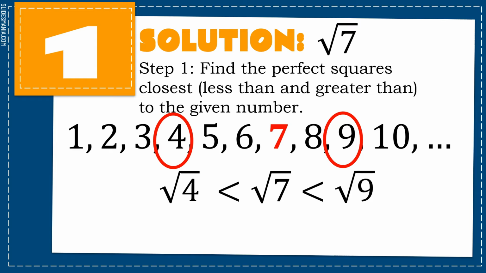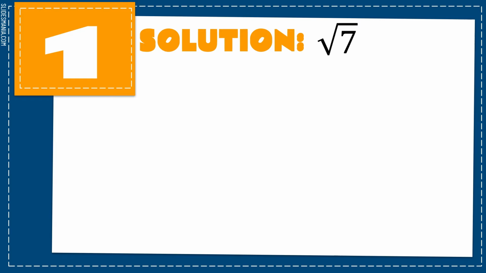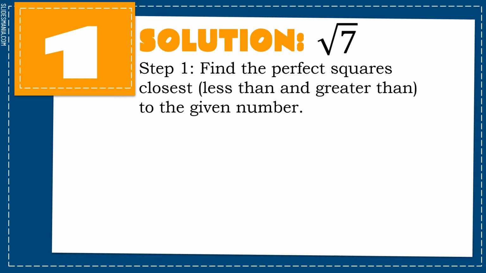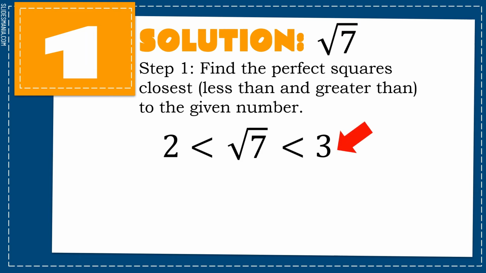We all know that square root of 4 is 2 and the square root of 9 is 3. Therefore, square root of 7 is located between 2 and 3. Since 7 is closer to 9 than 4, we can say that square root of 7 is closer to 3 than 2.